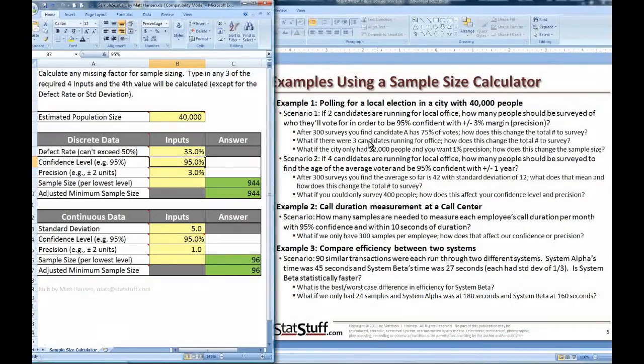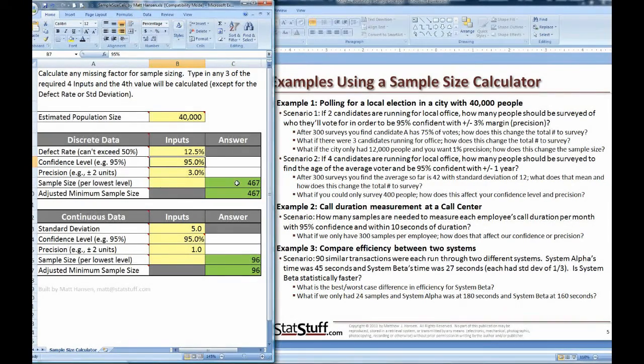Let's assume then that candidates B and C, the other 2 candidates, have a split value of the remaining 25%. If they have an equal share of the 25%, then each of those other 2 candidates actually has 12.5%. So now I can plug in 12.5% here, and it reduces my sample size even more.